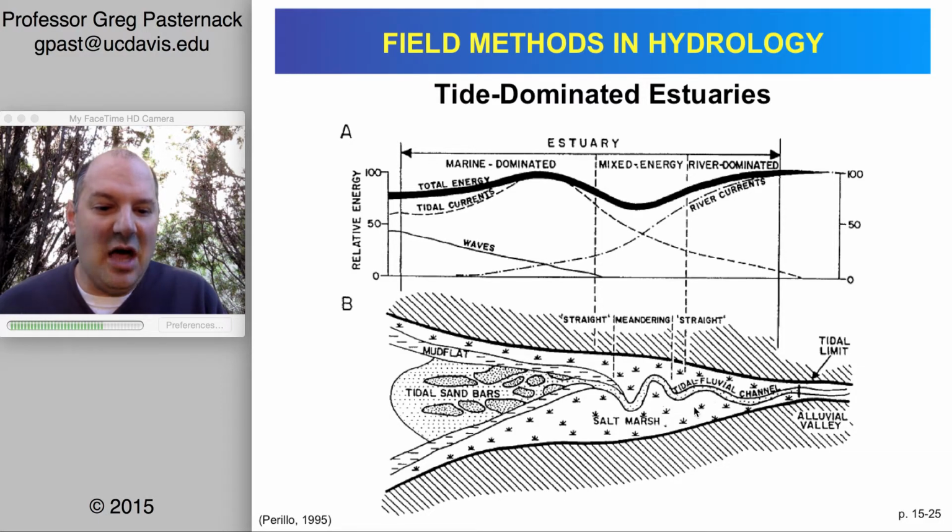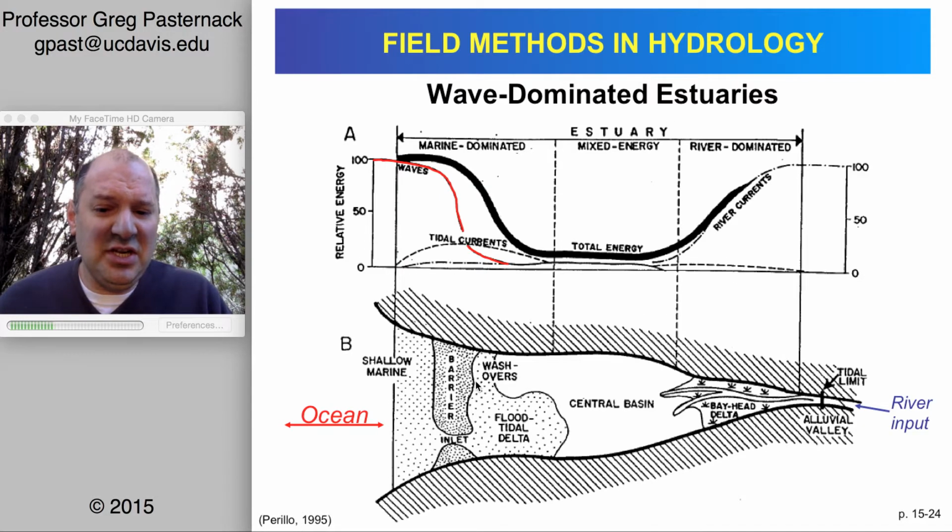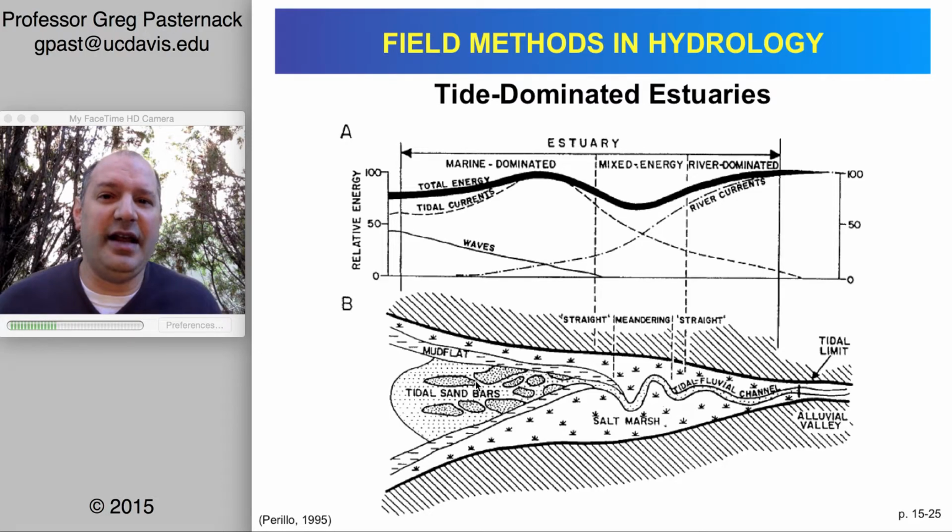So instead of having a delta formed by the river, those delta sediments are being smeared around by a channel network to create salt marshes that will grade from fairly muddy, especially muddy in the distal areas, and then more sandy along the channels where there are both river and coastal sands. So already, just considering these two examples, you can see the dramatic differences in landforms present in a wave-dominated estuary versus a tide-dominated estuary.